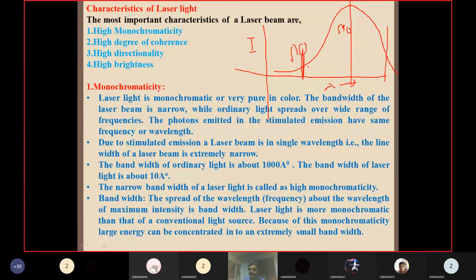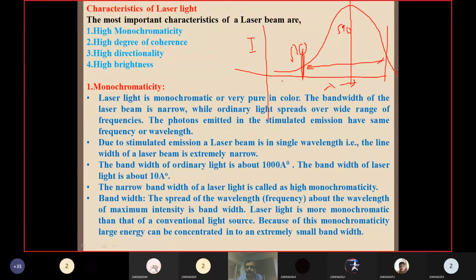In the case of normal lights, the bandwidth is very high. Some monochromatic sources also exist, such as red color LED, blue color LED, and other LEDs.